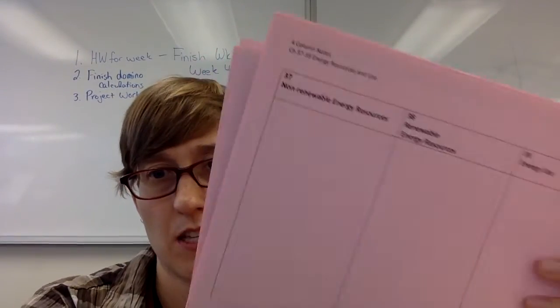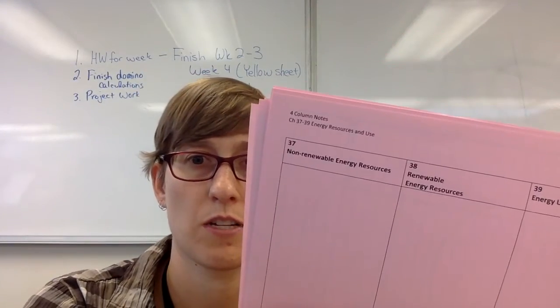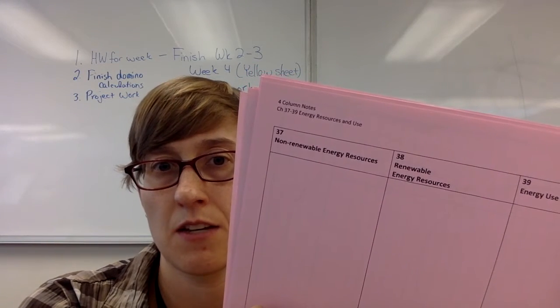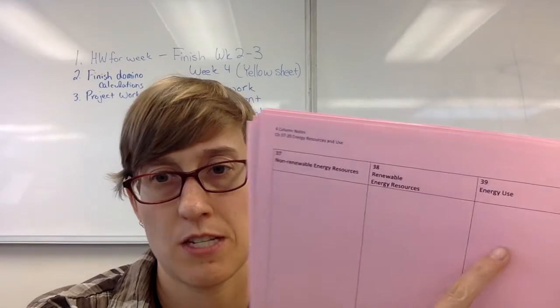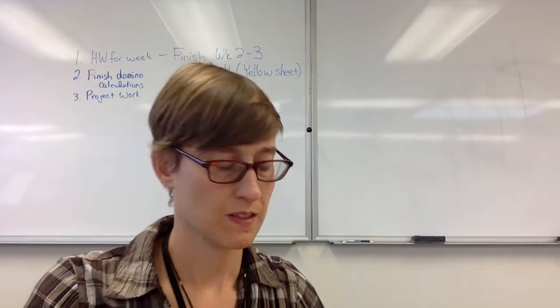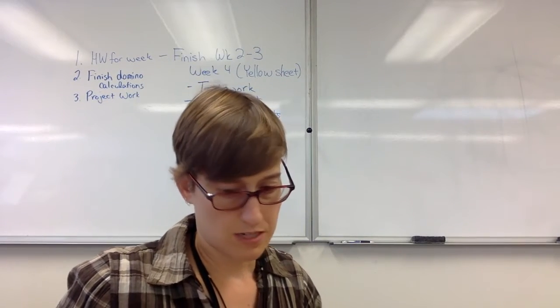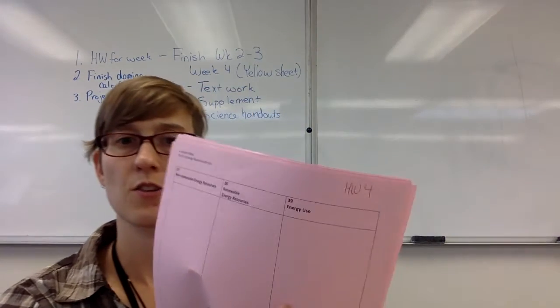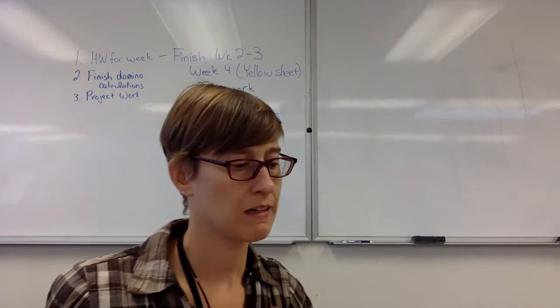You'll see a handout that looks like this. Each of the columns refers to one of the sections that you'll be reading. So please read chapter 37 and take notes here, 38 and take notes here, and 39 and take notes there. The next section you will need to read, so I'm going to mark that page homework for week 4 so that I remember I need to do that.